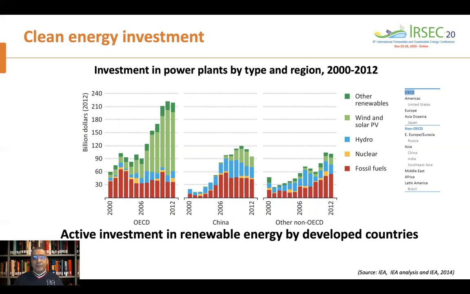Again, it's very difficult to put this technology in place in undeveloped countries, or in countries that don't have enough technology to take it forward. So again, we need to increase the investment in this technology, especially in the countries that don't possess fossil energy.